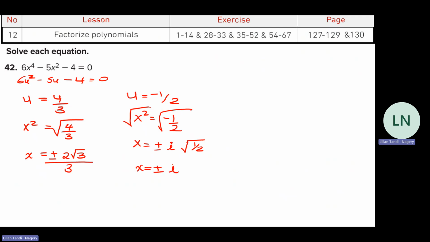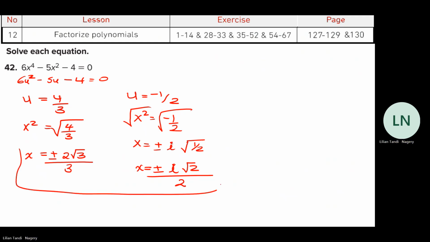Plus or minus i, that will give you square root of 2 on top over 2, like that. And there are your 4 roots. Here are your 4 roots, 2 here and 2 here. And how do you know you need 4 roots? Because the highest degree is 4.